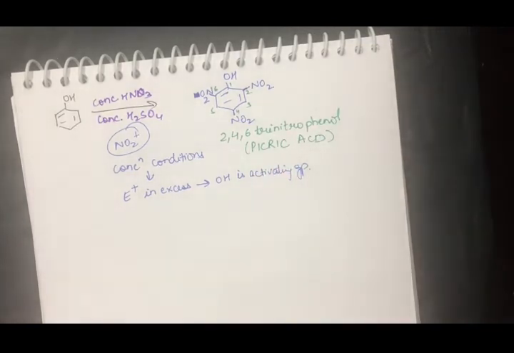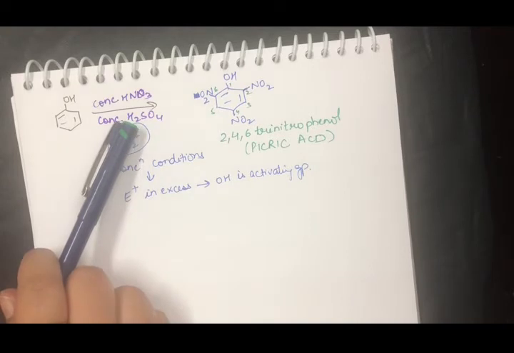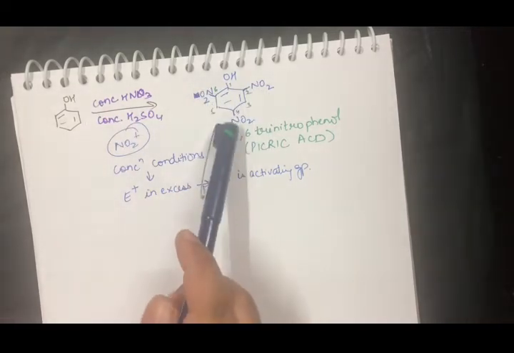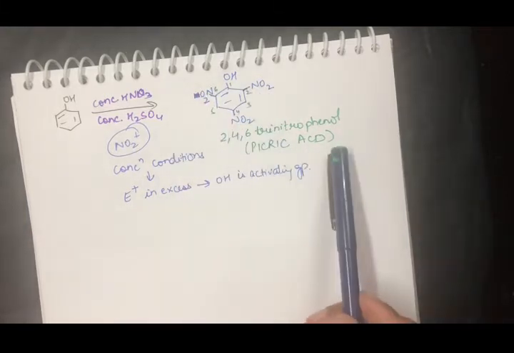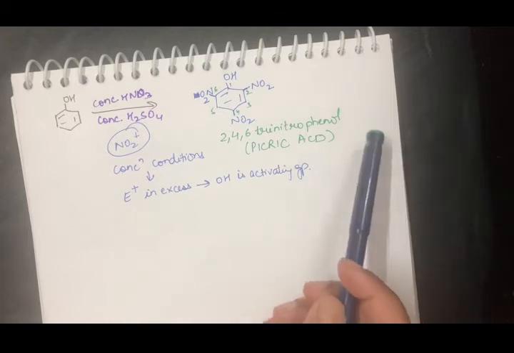So how is this picric acid produced? When you do the nitration of phenol with very concentrated, highly acidic conditions, all the three positions get activated and NO2 attacks all those three positions, and it forms picric acid, which is 2,4,6-trinitrophenol.